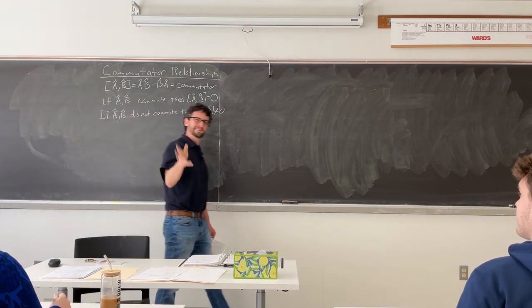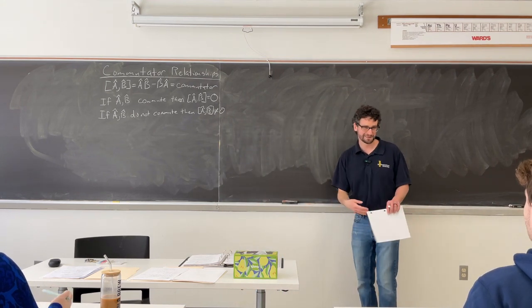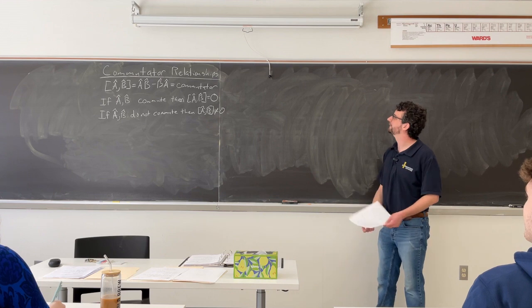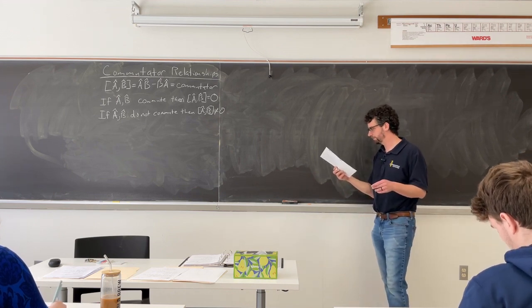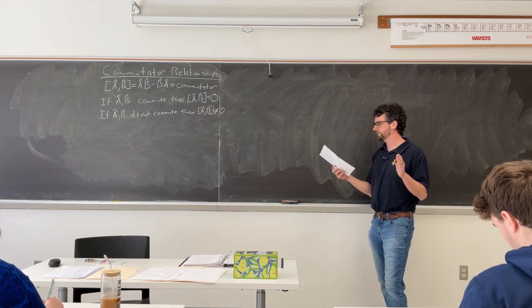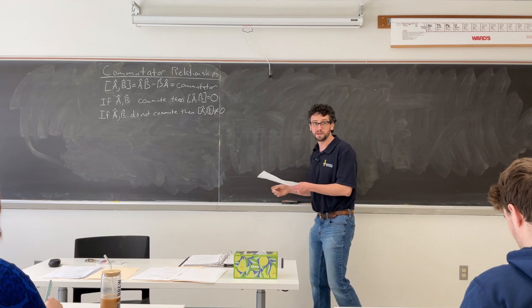This is like when Lily said the other day, this is just weird and different. It's what all this class is. Let's look at an example of some operators, and let's figure out if they commute or don't commute. And how do we test that?